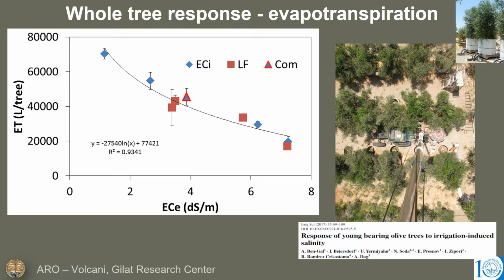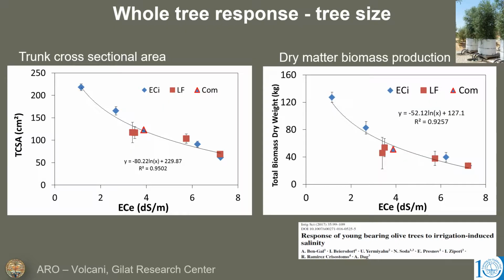Now, these are the other kinds of full tree measurements, and these two represent a couple of biomass characteristics. On the left side is cross-sectional area of the trunk at the end of the experiment.